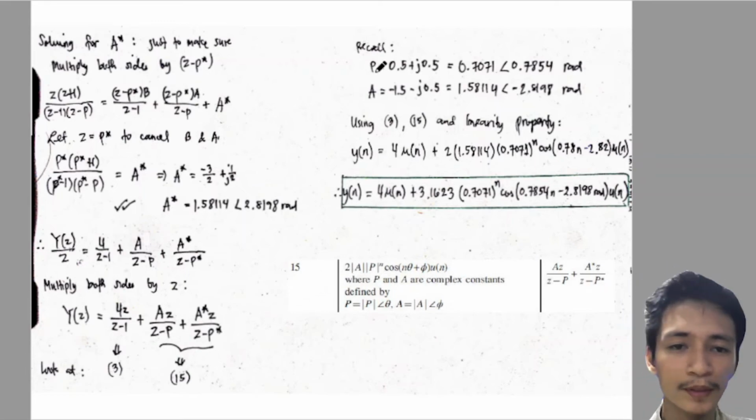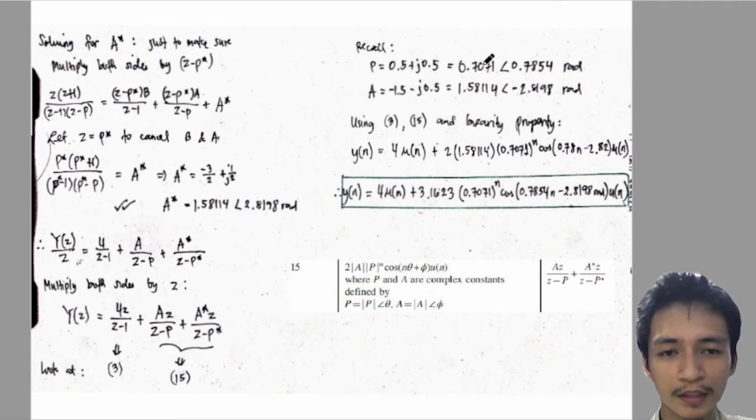So recall that p equals this part and its polar form is just 0.7071 with angle 0.785 radian, and A equals this one with polar form 1.58114 with angle negative 2.8198 radian.